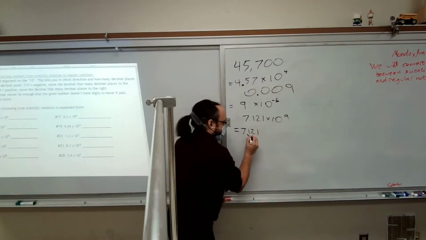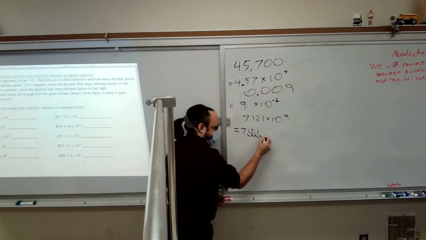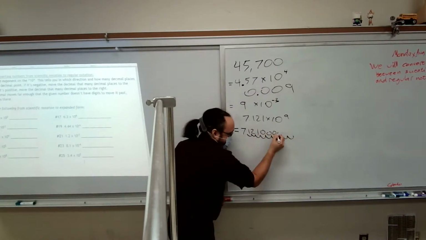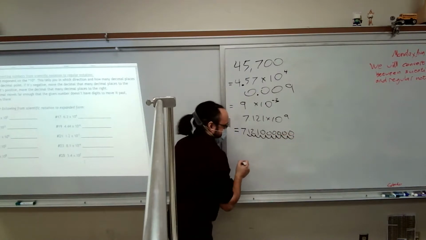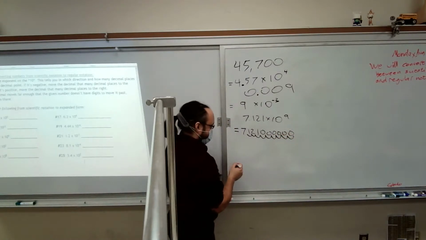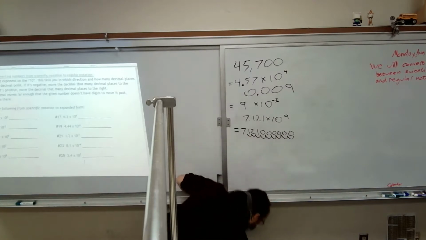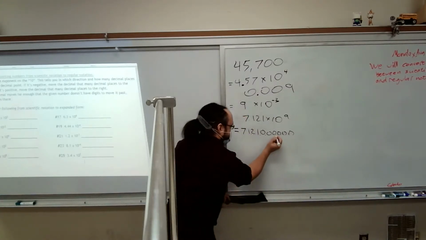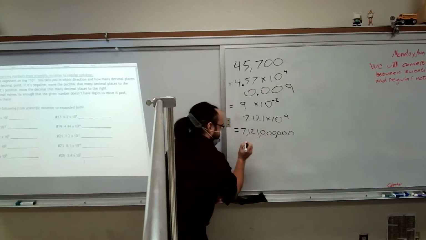1, 2, 3, 4, 5, 6, 7, 8, 9. Zeros. Man, a lot of zeros. Okay, put a comma there, there.